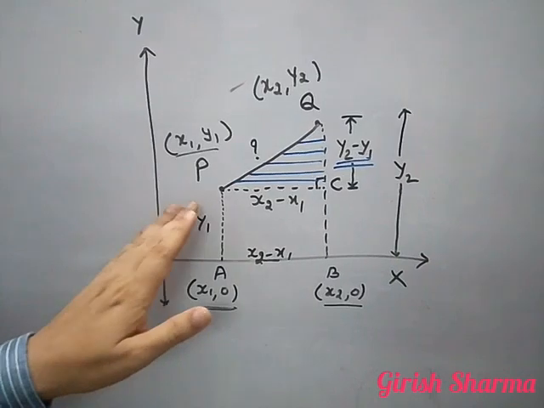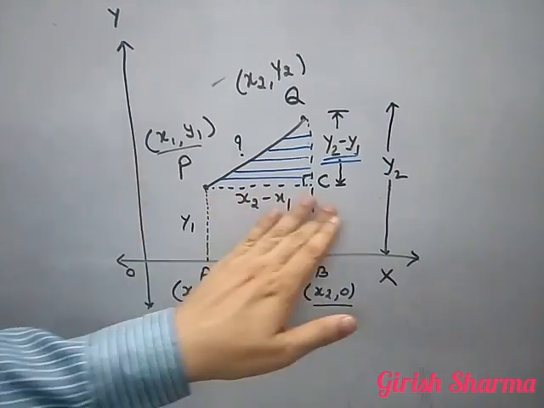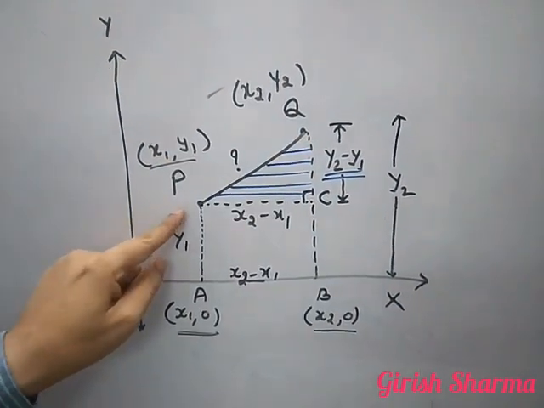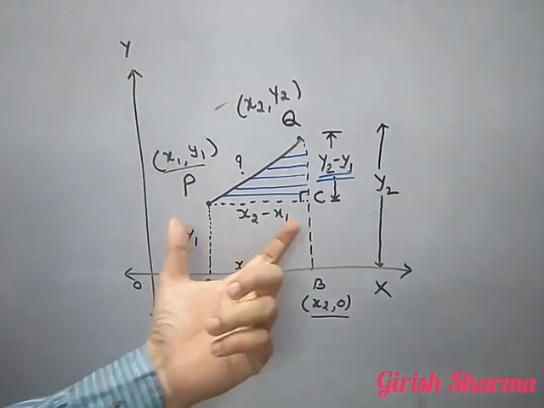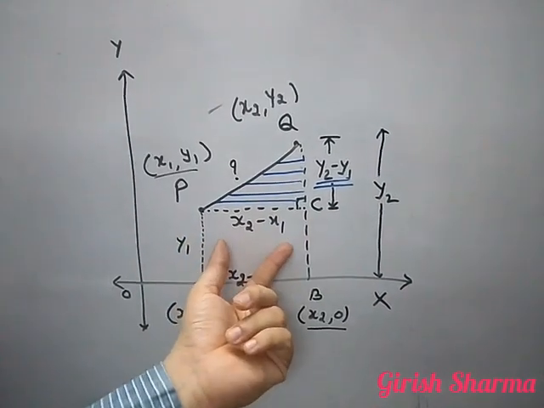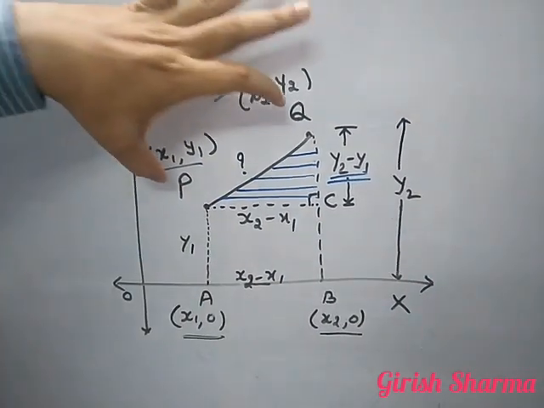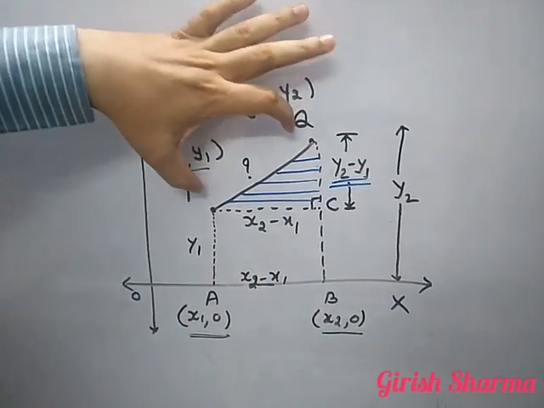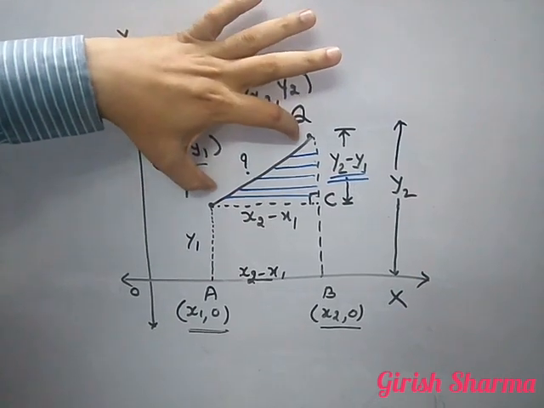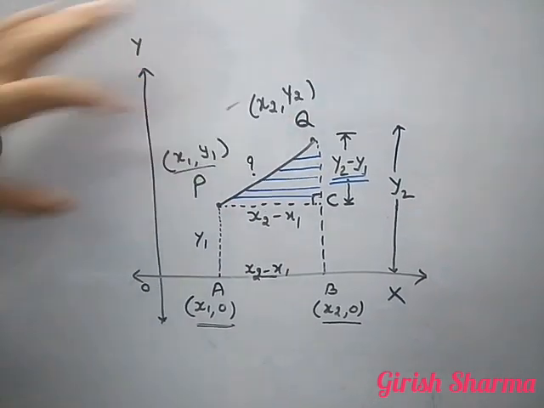Now look at this shaded triangle PCQ. Just see here, this is a right triangle. What is the base? x2 minus x1. What is the perpendicular? y2 minus y1. We have to find the distance between 2 points, or we can say we have to find the hypotenuse. Then what will be the hypotenuse PQ?